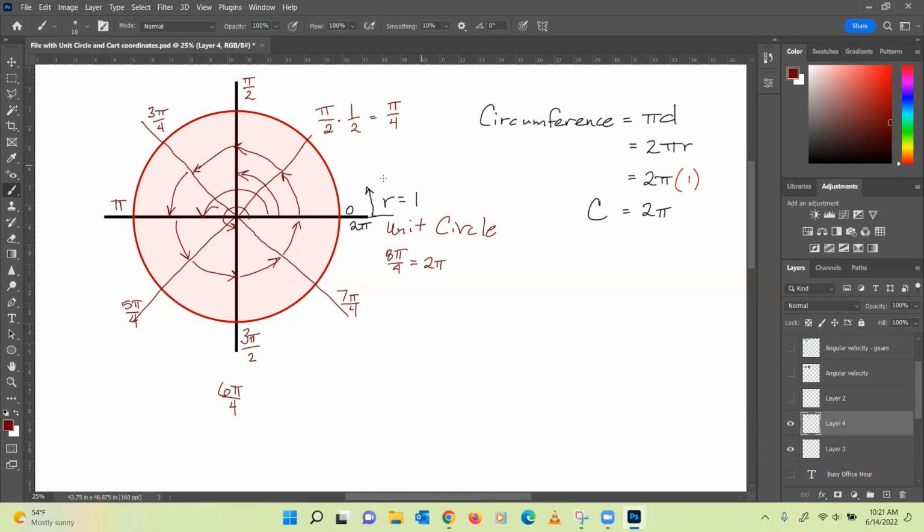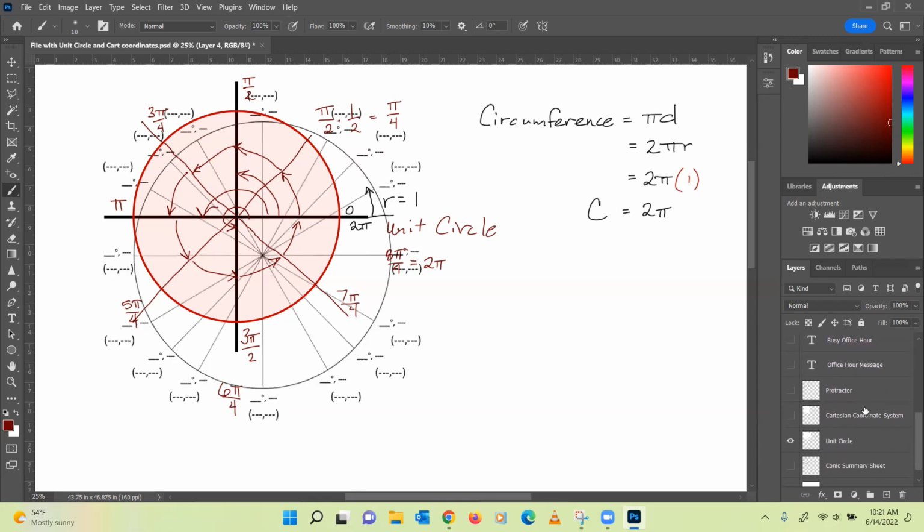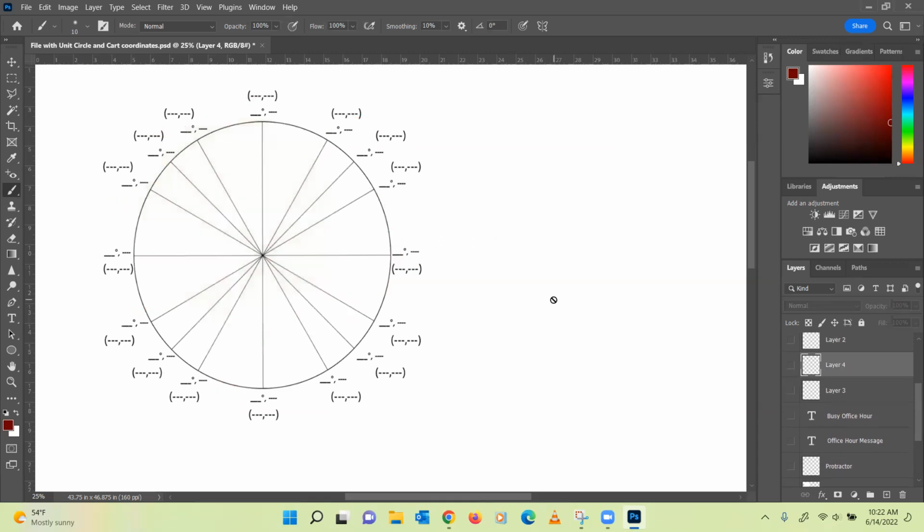As a matter of fact, you have a figure in course documents of a unit circle. And I want to bring that up now. We've got one there that's completed and one that is empty. So let's take a look at this one that is empty.